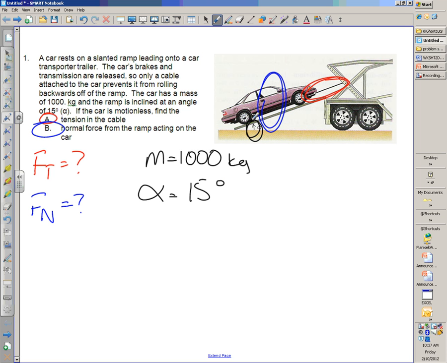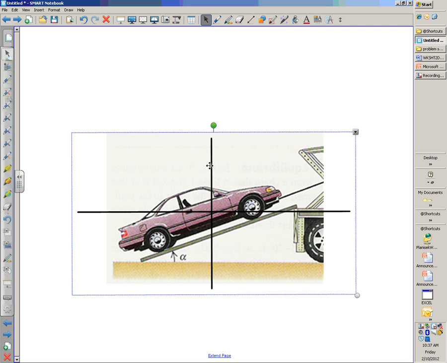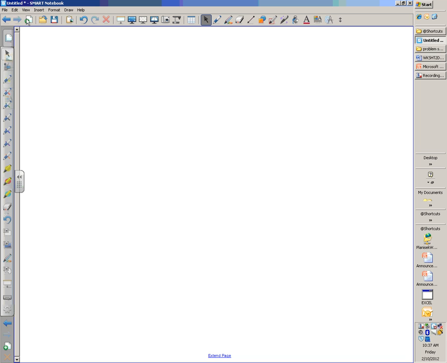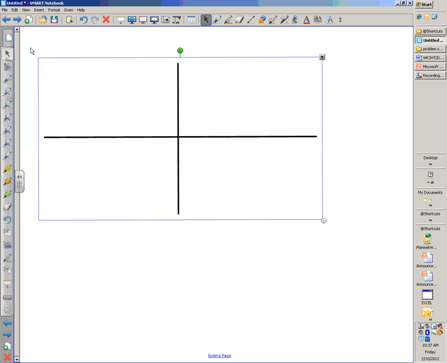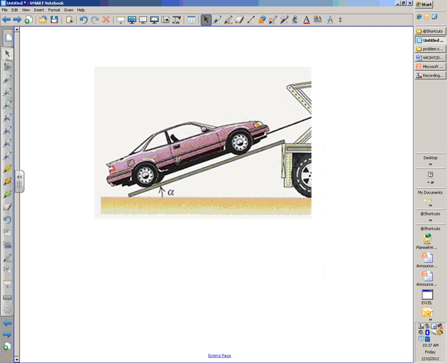All right, next step. I took the picture of the car out, so we can start working on a free body diagram for this problem. So the first thing we said that we can do is add the force of gravity into this whole mix.